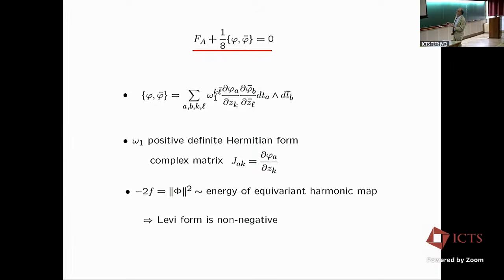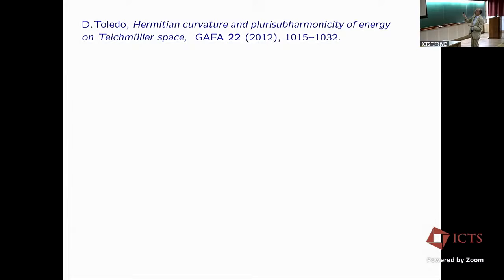So one of the things that we pay off from this point of view is something which goes back to Domingo Toledo's work. He proved in a more general context this plurisubharmonicity of this energy functional in the case of minimal surfaces.